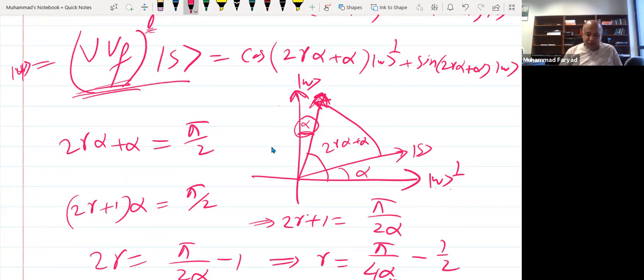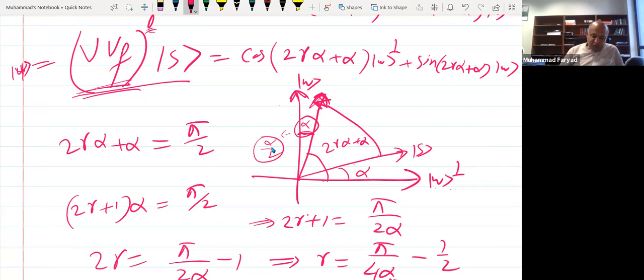Then when you apply R once, you make a rotation by 40 degrees, so you reach the angle of 60. If you apply R again, you will go to the other side, because the total angle would be 100 degrees, since 20 plus 40 plus 40 is 100 degrees, and we will be here. So actually, we will be anywhere close to alpha by 2.